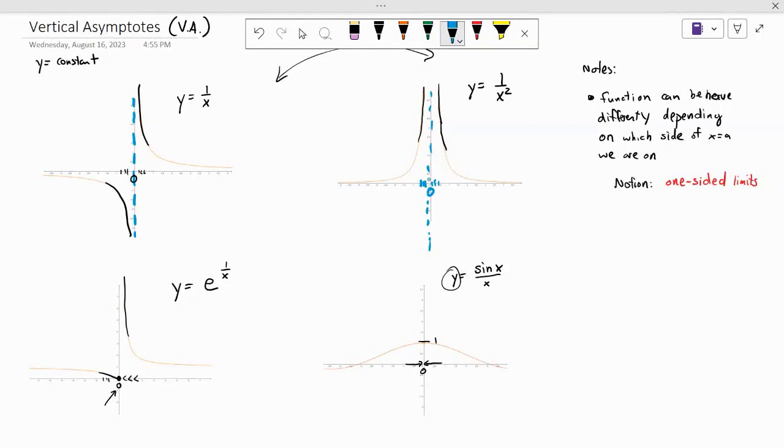And clearly, we have vertical asymptotes for the first two graphs, and we don't have a vertical asymptote for the last one. So the only point of confusion might be this third graph, and the answer will be yes. We'll define a vertical asymptote using limits where the graph of y equals e to the 1 over x does have a vertical asymptote. So we do have vertical asymptotes for these three graphs.